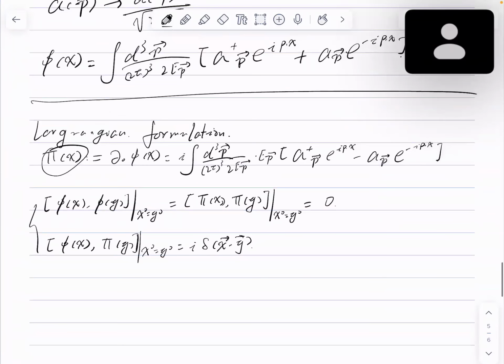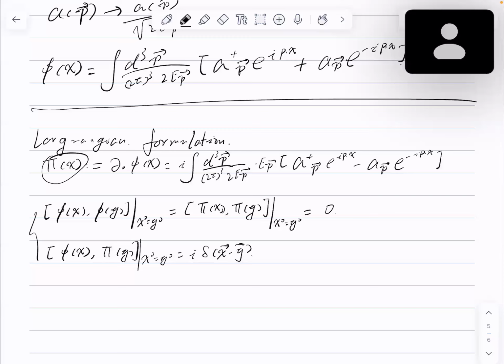I noticed an interesting fact: these two expressions are both combinations of the annihilation and creation operators a and a†.